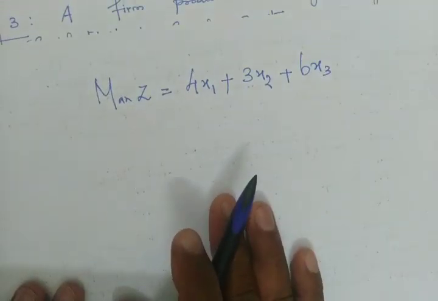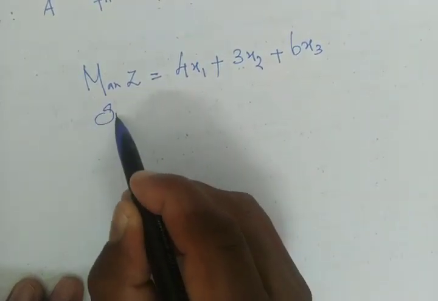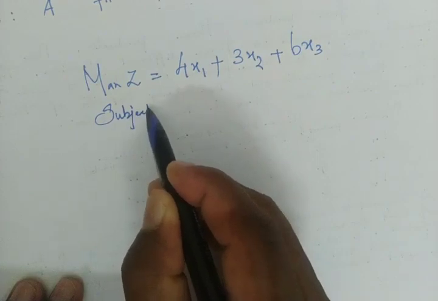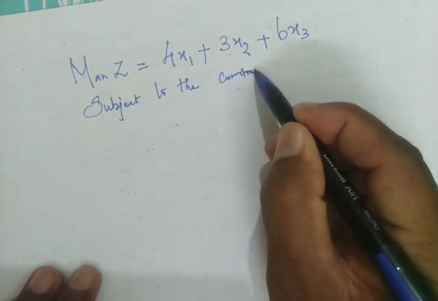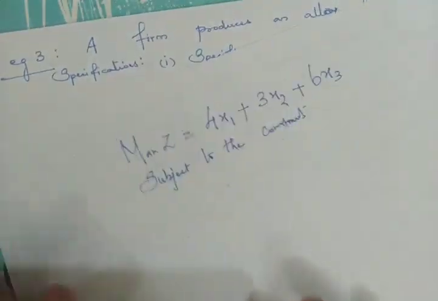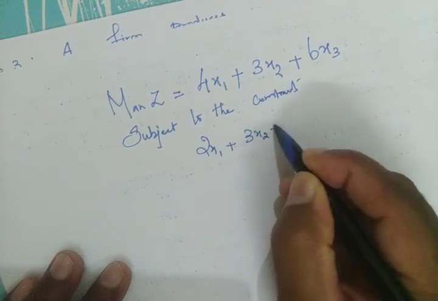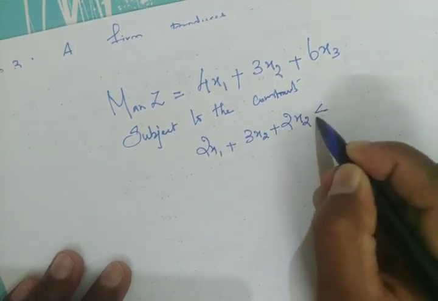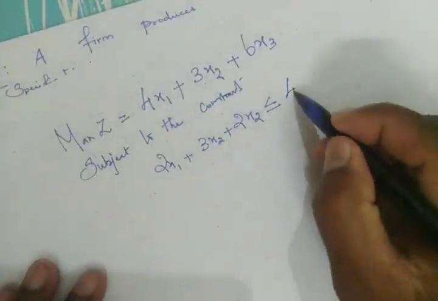Now you write the constraints involved in the problem that you already formed. You are writing the general mathematical model, so second, subject to the constraints involved in the problem. What you wrote earlier, you rewrite again. 2x1 plus 3x2 plus 2x3 is less than or equal to 440.